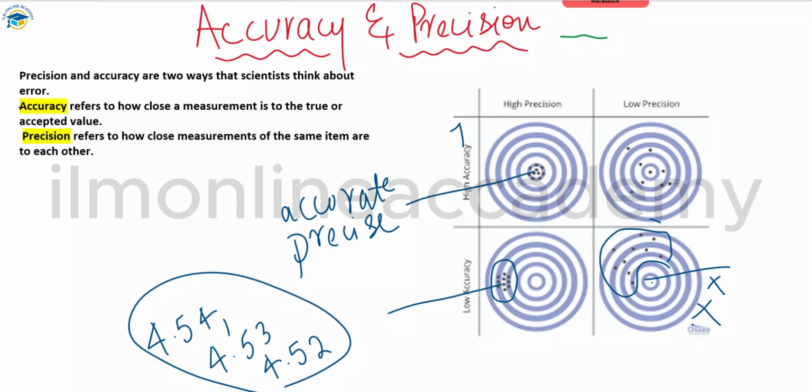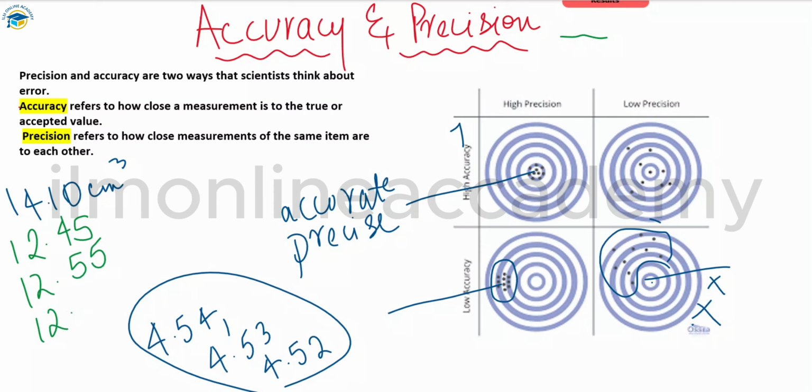For example, in an acid-base titration, the volume of the acid that is used to neutralize will be 14.10 centimeter cube. When a student performs the experiment, the student records the results of 12.45, then 12.55, and then 12.5 centimeter cube.